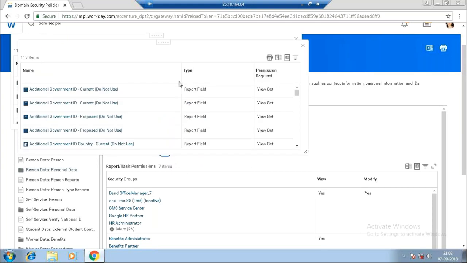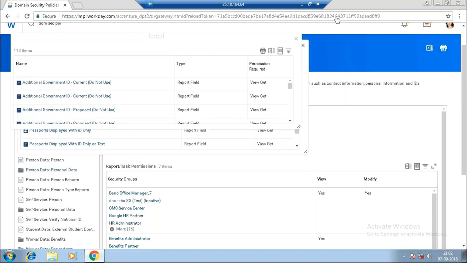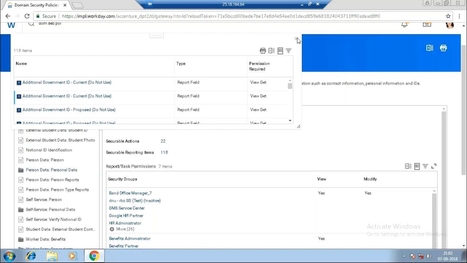Items like government ID, custom ID, employee ID, his ethnicity, his license, his national ID, anything related to this, all these fields are covered under the name personal data.